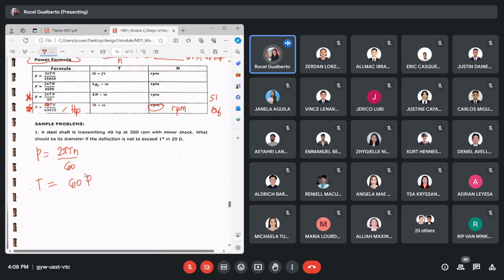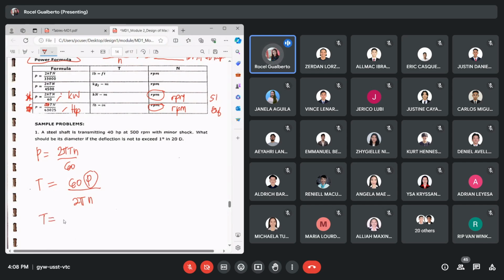That would be 60 times P divided by 2 pi times N. Kailangan lang po, alam po natin ang unit ng power at saka yung unit ng N. Ang N po dito, the same po, RPM. Pero yung power po dito, this is in kilowatts. Tatandaan po, ang power po dito should be in kilowatts pag isusubstitute.